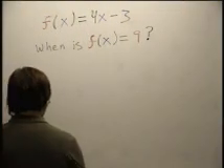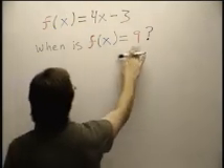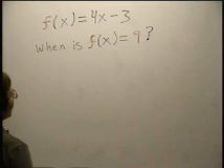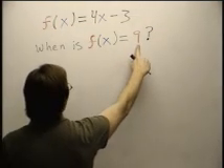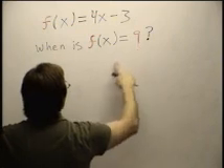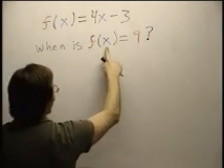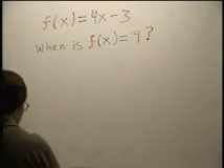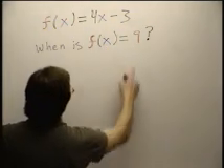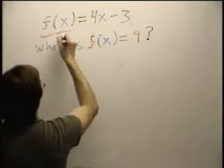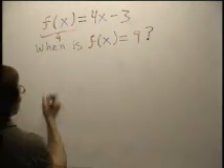f of x equals 4x minus 3. When is f of x equal to 9? This is the question that we just answered using the graph. Let's see if we can do it algebraically. Well, I've highlighted the 9 in red to show that we're talking about a function value rather than a variable value. What this means is we can substitute this 9 into the equation right here for f of x.